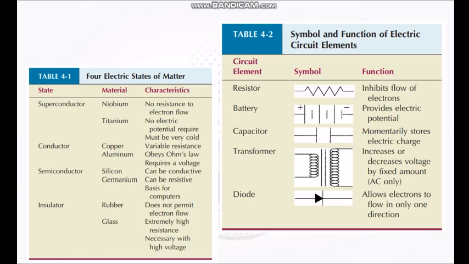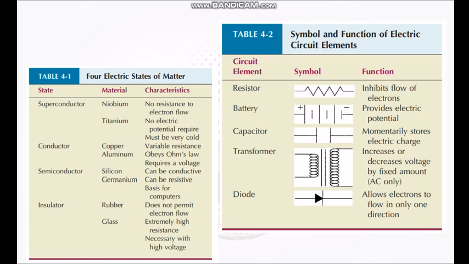Next, you have a semiconductor. A semiconductor can be conductive and resistive. In some cases, they can be a conductive material, and they can also be an insulator. When you compare an insulator versus a conductor, an insulator does not permit electrons to flow, and a conductor allows electrons to flow.